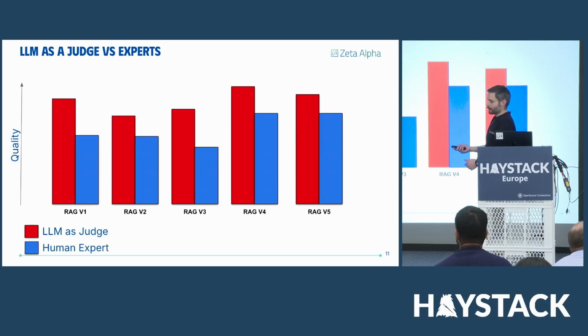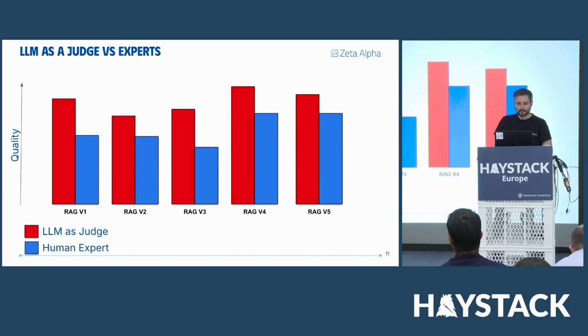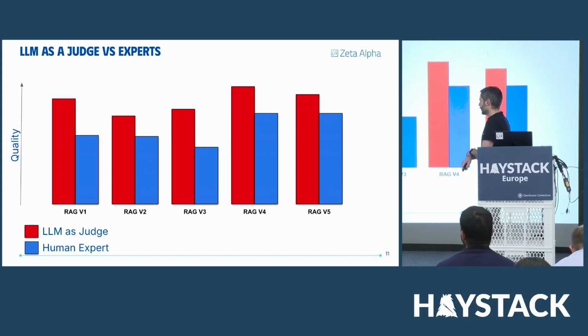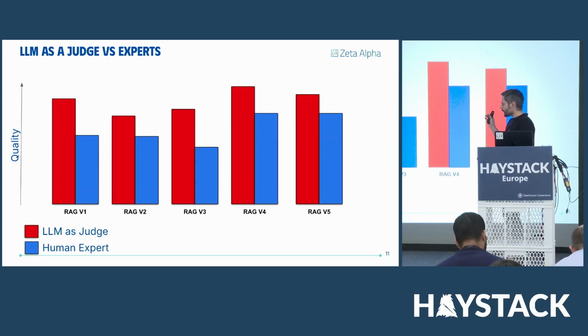Now, if you're able to convince the actual domain experts to do the same exercise, you will find something different, right? The LLMs are a bit too optimistic, so they will agree most of the time that something is relevant, even though it's not. Whereas the experts know what they're talking about, right? So you will see some disparity like this. And now I'm going to do a magic trick. I'm going to shuffle the bars.